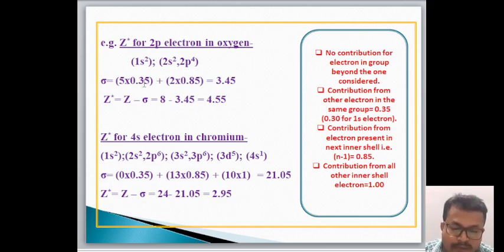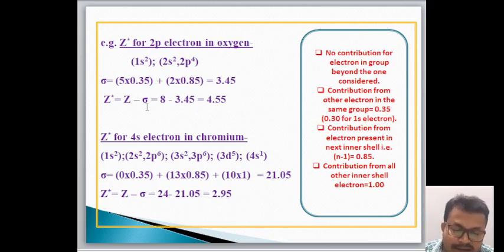So 5 into 0.35. Then for the electrons present in the 1s orbital, the contribution will be 0.85, and since 2 electrons are there, we multiply 0.85 by 2. So the screening constant value will be 3.45. As you all know, the atomic number of oxygen is 8.